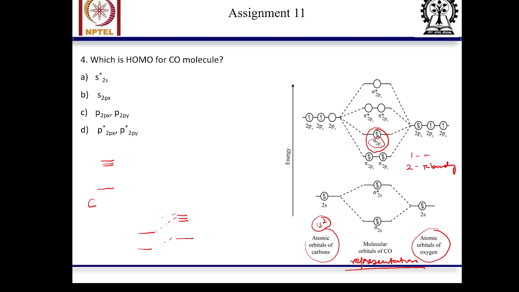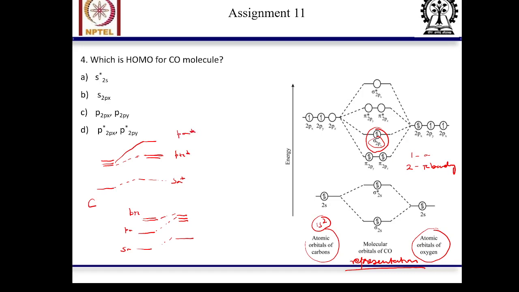Then we have two more. Then here we have one S, and then we have P pi. So we say this is S sigma, this is P sigma, and this is P pi. Then this is S sigma star, we have P pi star, and then P sigma star.